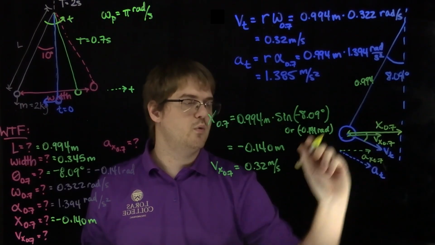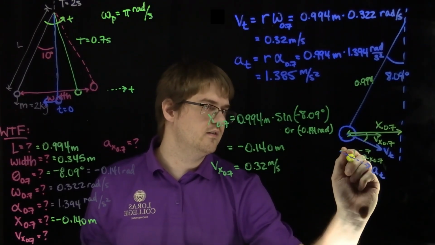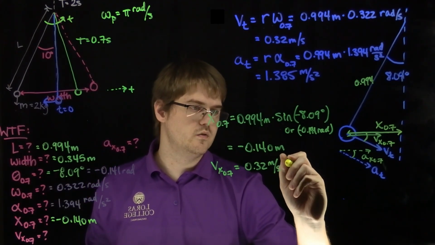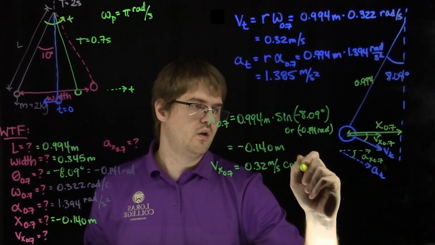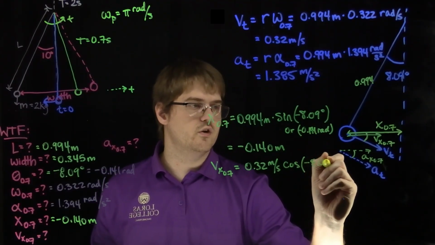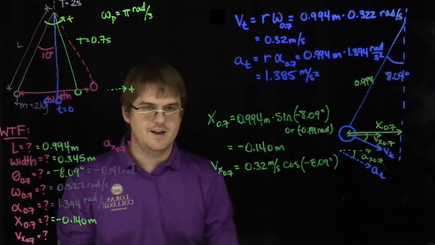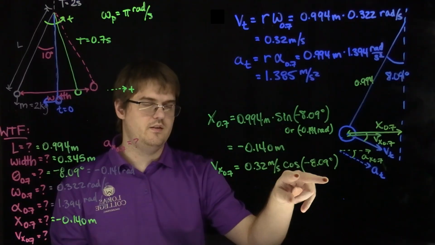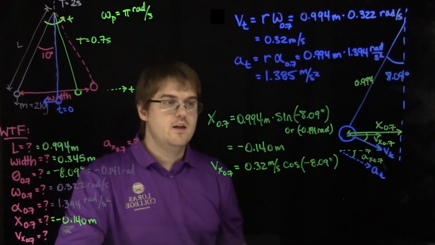This is that 8.09 degrees. So it's going to be cosine of negative 8.09 degrees. Again, be careful with this because this is using our calculator in degrees.